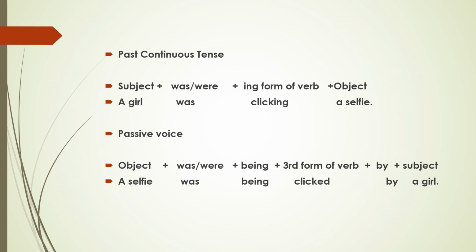So the same sentence, a girl was clicking a selfie, will be converted to passive voice like this: a selfie, since it's the object, a selfie was being clicked by a girl. I hope it's clear to you now.